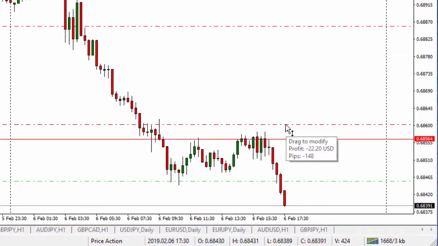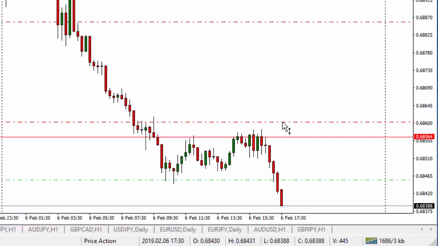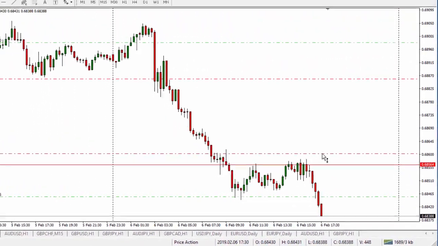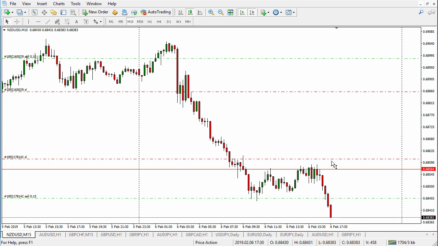The current risk on the short price breakout trading position which I took on the NZD/USD is only minus 14.8 pips, which is about $22.20 at the moment. Now, I would want to see price move in favor of this trade with a minimum of 15 pips before I can move its stop loss to break even and then take a portion of the profit it accumulates off of the table.